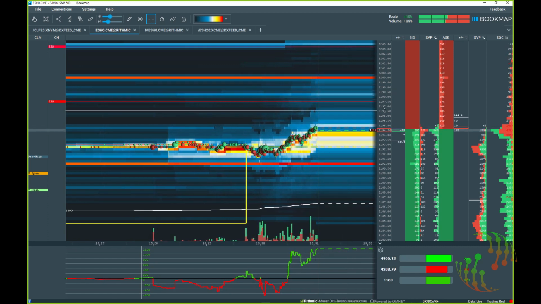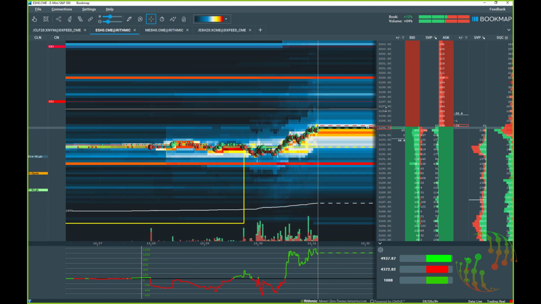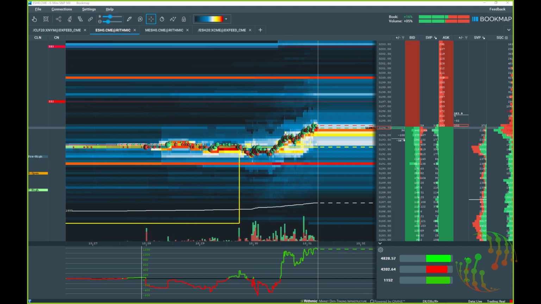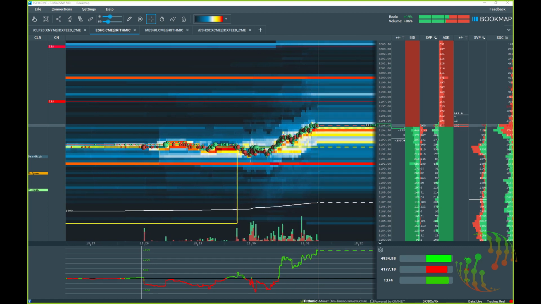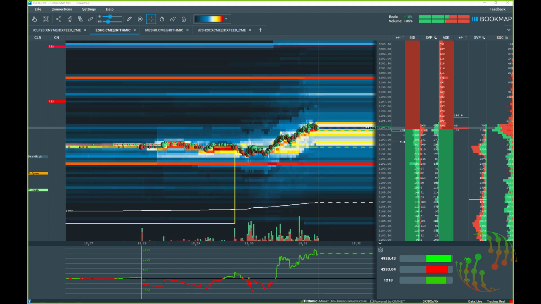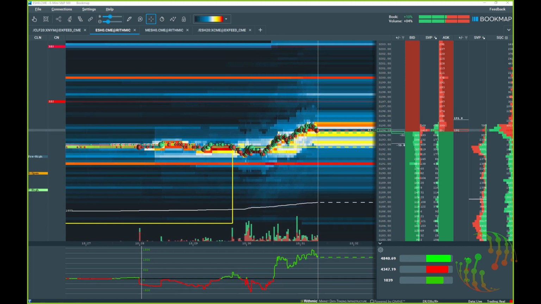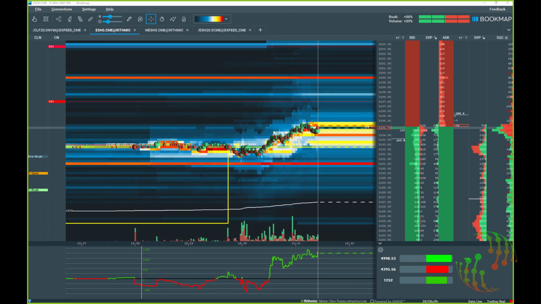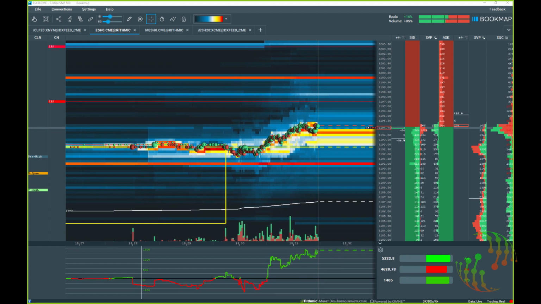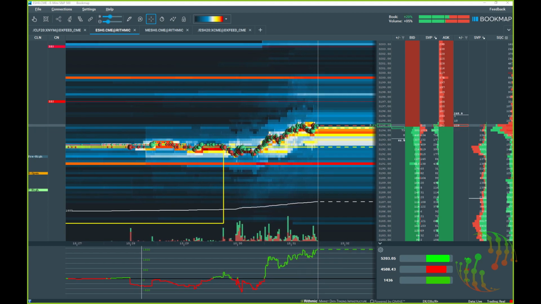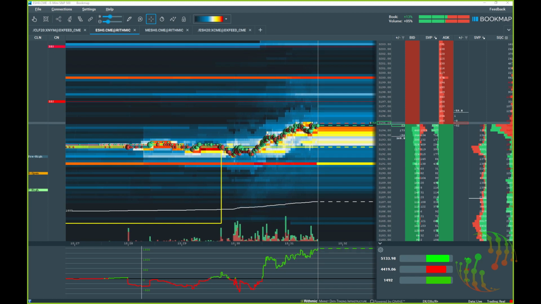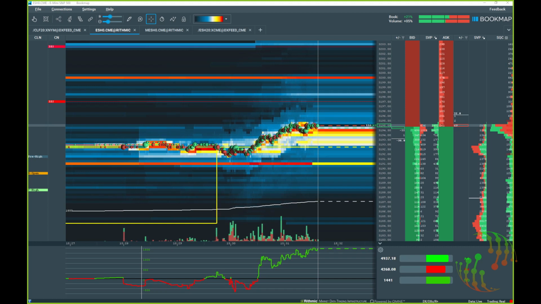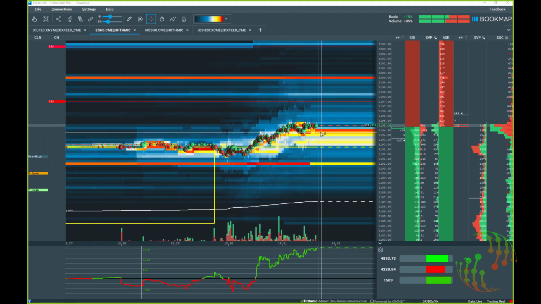Let's see if this liquidity model works today. You see how they are book flipping here.